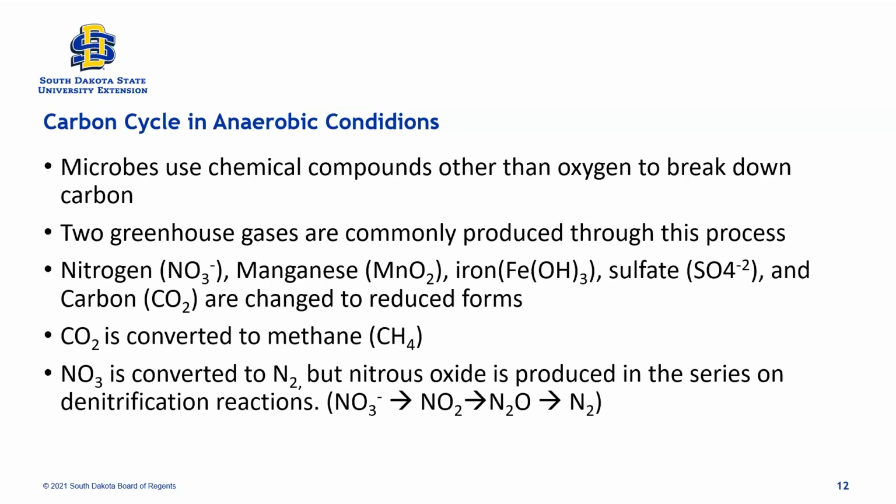This process is slower than in aerobic conditions, but as your oxidation reduction potential decreases, nitrogen and manganese and iron and sulfate, and then carbon, are changed to reduced forms.